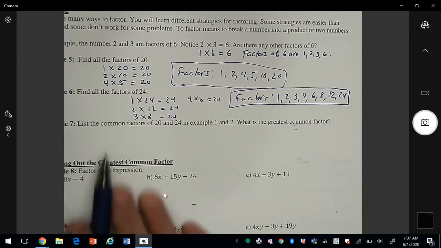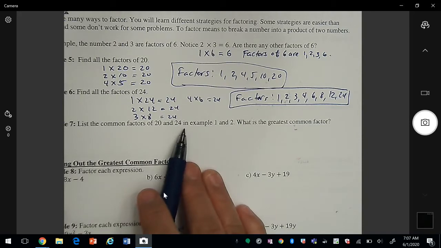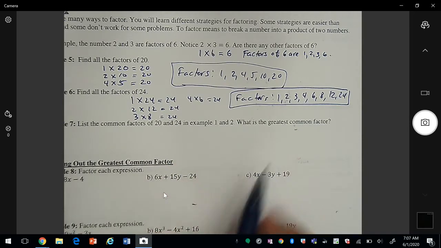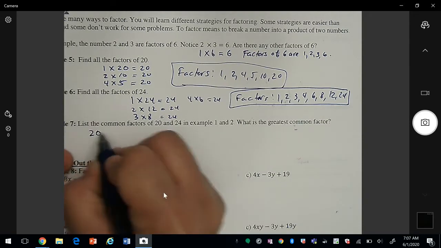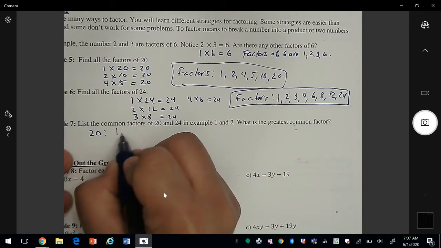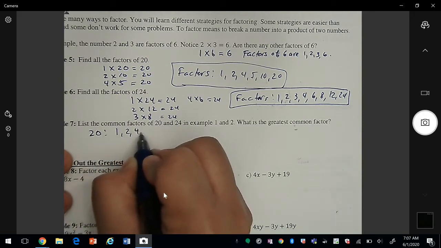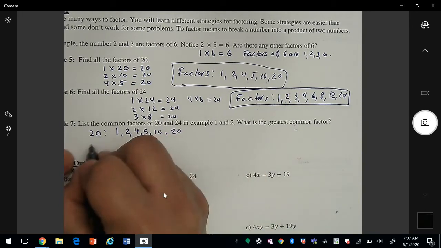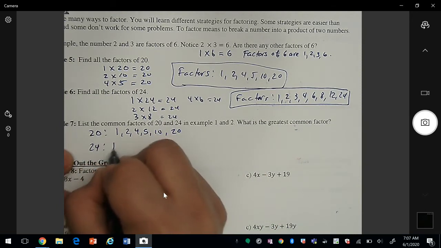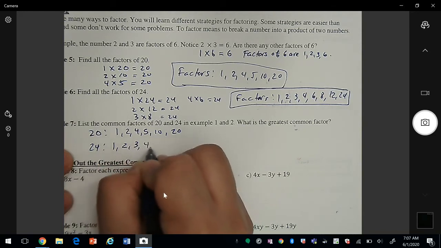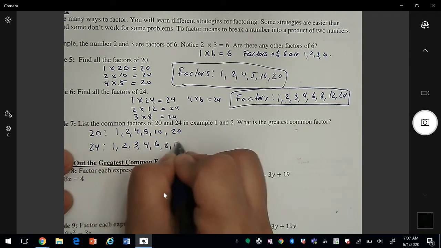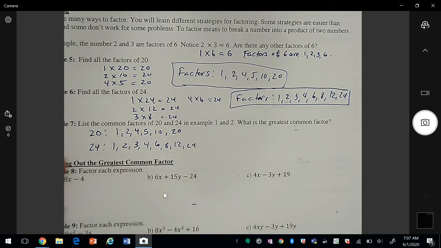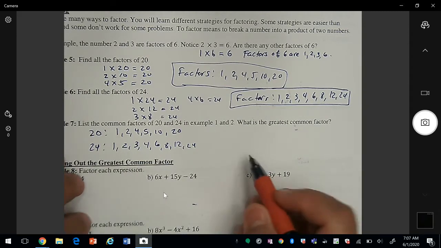Okay, so it says list the common factors of 20 and 24 in examples 1 and 2. So let me list the factors of 20: 1, 2, 4, 5, 10, and 20. And for 24, we had 1, 2, 3, 4, 6, 8, 12, and 24. I'm going to circle what they have in common.